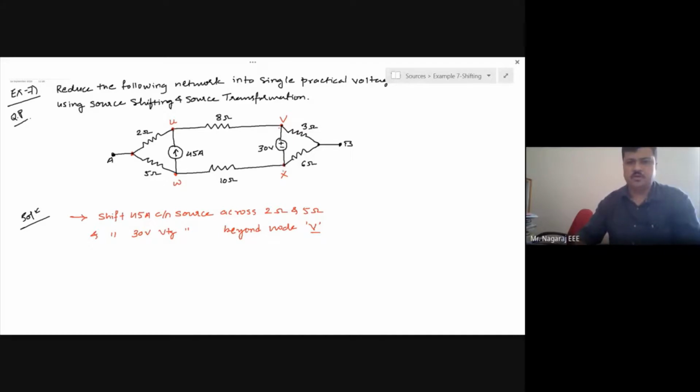You shift it beyond node X and verify whether we get the same result. It is your homework. Okay, beyond node V.